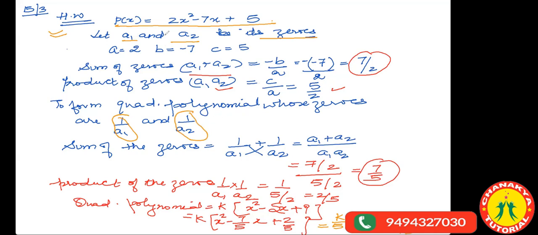So children, earlier we were taking alpha and beta, so instead of alpha I have written a1 and instead of beta, a2. Clear? So first of all, we will write the values of a, b and c. The coefficient of x square is 2, then the coefficient of x is 7, and then plus 5 is your constant term. So is the value of c clear, children? Now the sum of the zeros. Children, kindly unmute yourself, all of you.